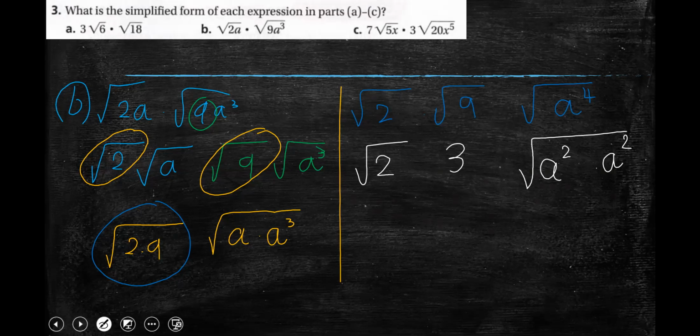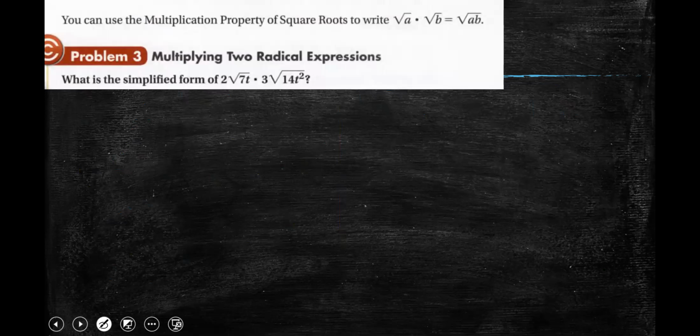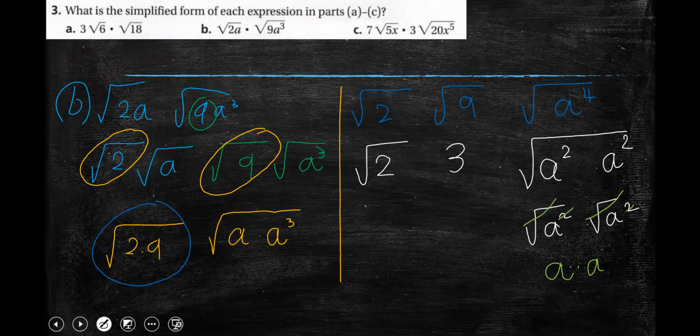Then, as we said yesterday, this square cancels this and this cancels this. So I have a times a, and 3, and square root of 2. So what will the final answer be? It will be 3.